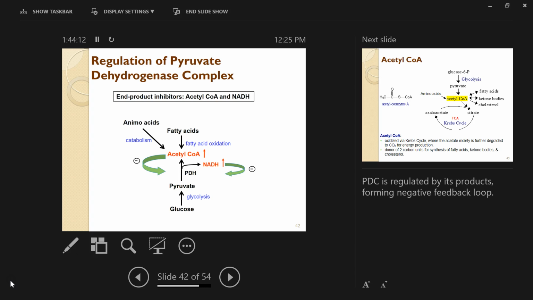If you have high levels of NADH, that indicates your cell has high energy.